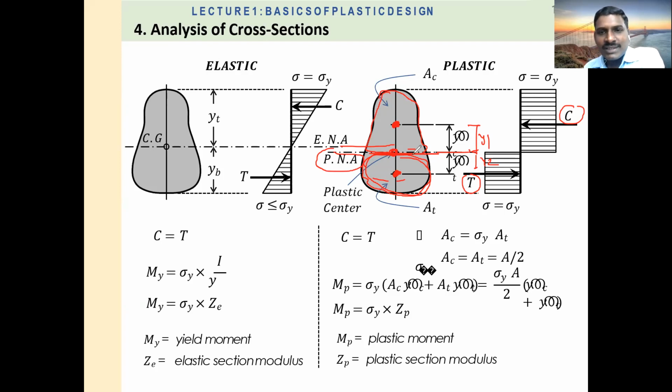So that is a very important point here. When your member goes under the plastic zone, then your neutral axis is shifted downward. Why? Because that member does not regain its original shape.